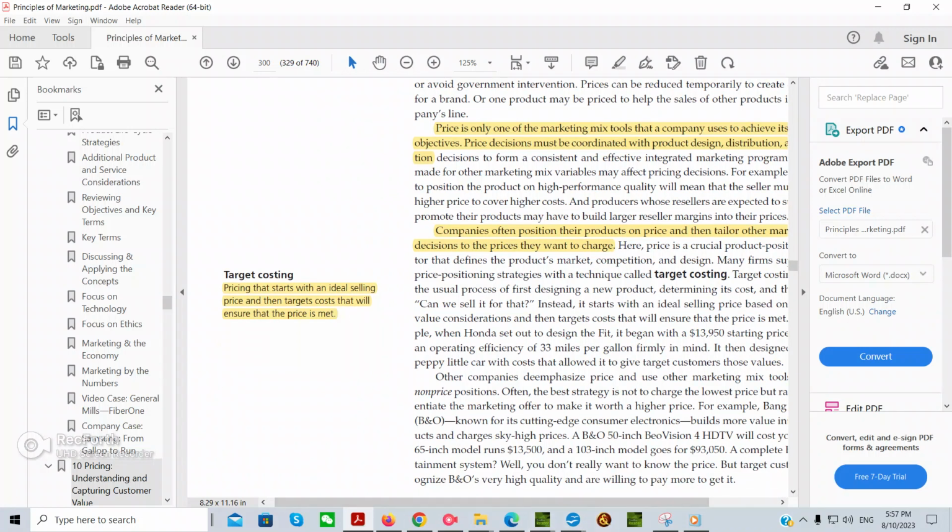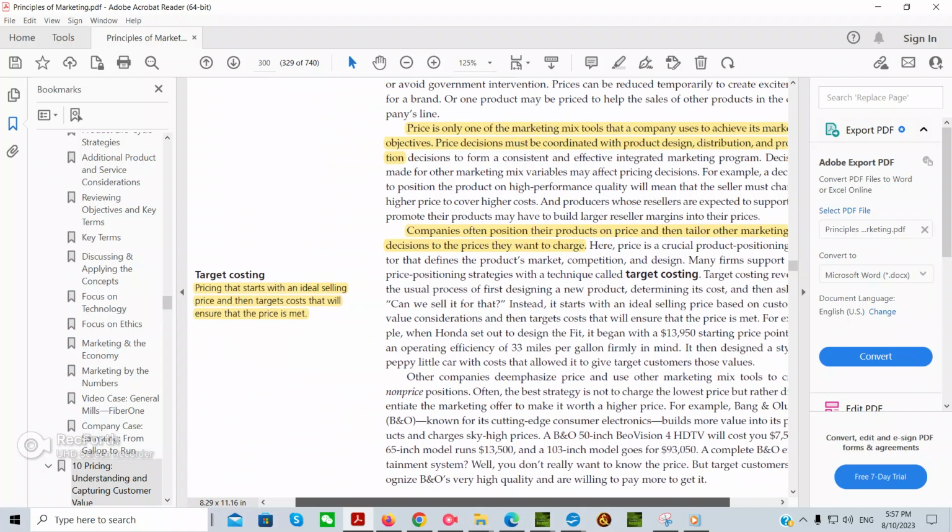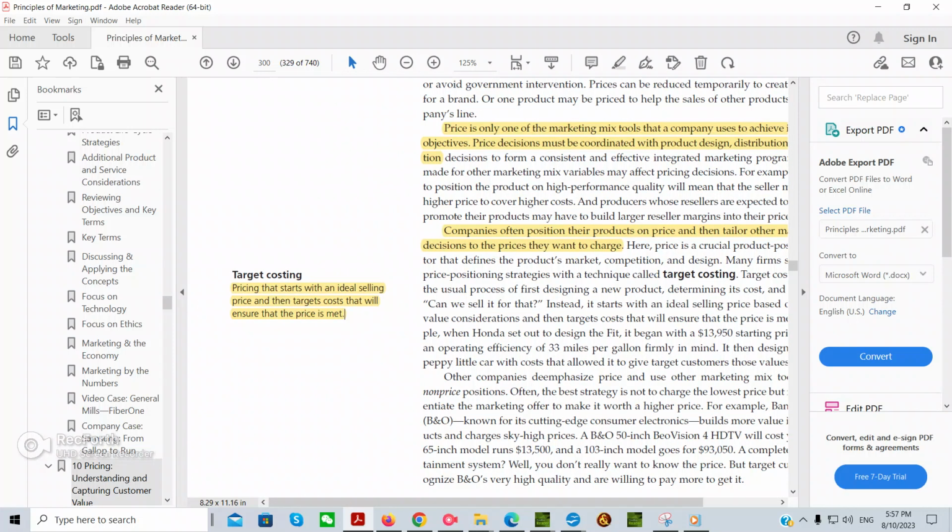That's target costing. So you have to figure out what your target costing is. You want to figure out the ideal price, and then after the cost, you want to see that the price is meeting or exceeding the cost.